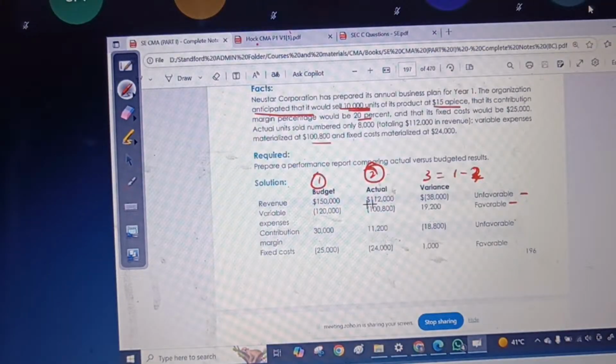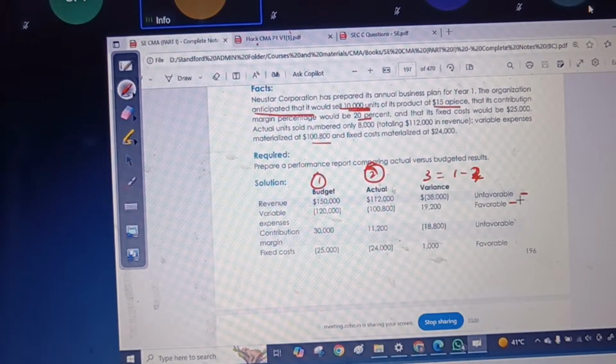Now tell me. For revenue, it is unfavorable because the budgeted amount is more than the actual, or we can say actual is less than the budgeted amount. That is why operating income is lower. For revenue, it is unfavorable, and that is why it is a negative amount. Why a negative amount? Because operating income will be lesser.